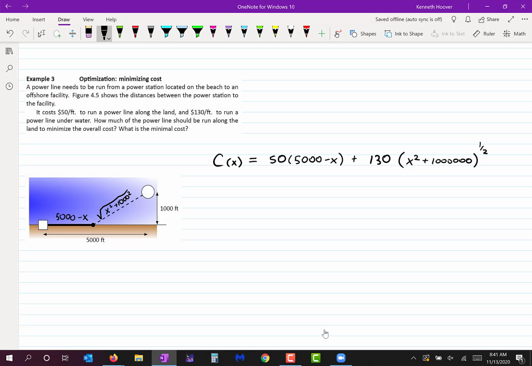Okay, so we want to minimize the cost. So we find critical numbers, which means calculate the derivative.